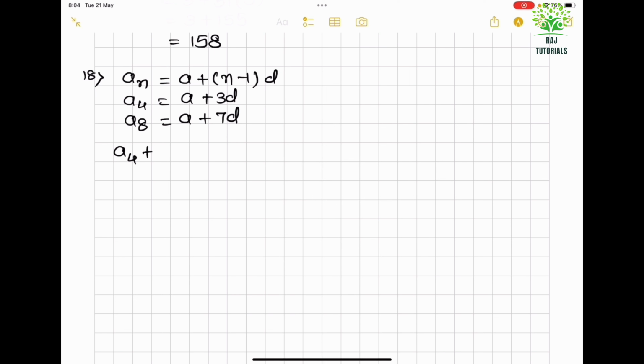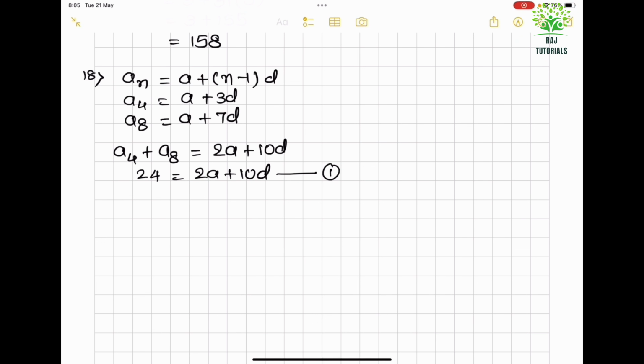So a4 plus a8 equal to 2a plus 10d. So 24 equal to 2a plus 10d. This I am taking as one number.